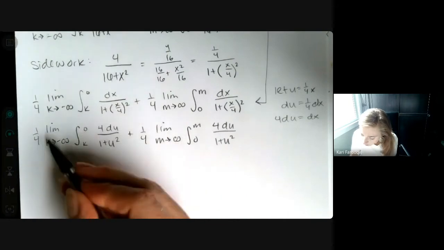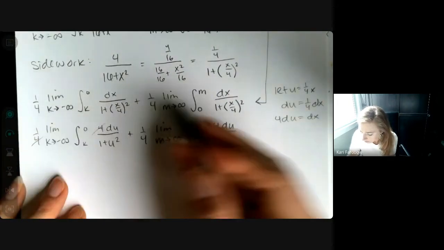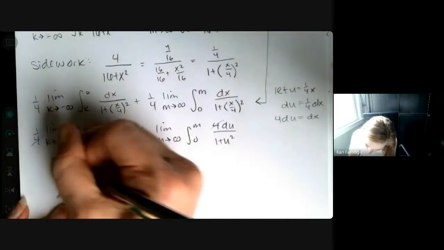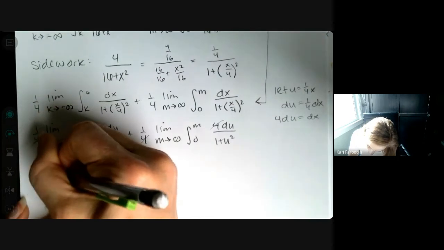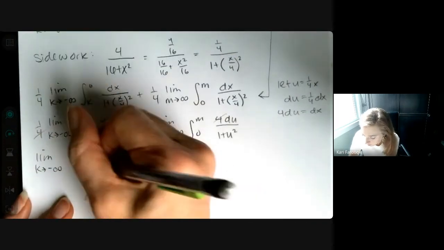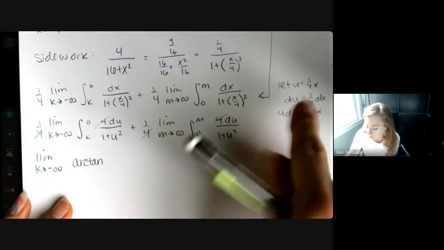All right, so the 4 and the 1/4 are going to cancel out when you do this, and you're just going to end up with the limit as k approaches negative infinity of the inverse tangent of u, and our u was 1/4 x.